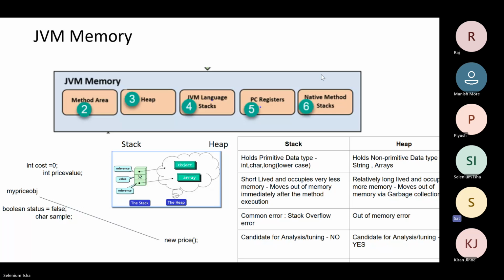Again, we will not really worry about it at all. Apart from heap, and sometimes stack, only these two we are going to look into in detail, from a learning perspective and also from a project perspective.